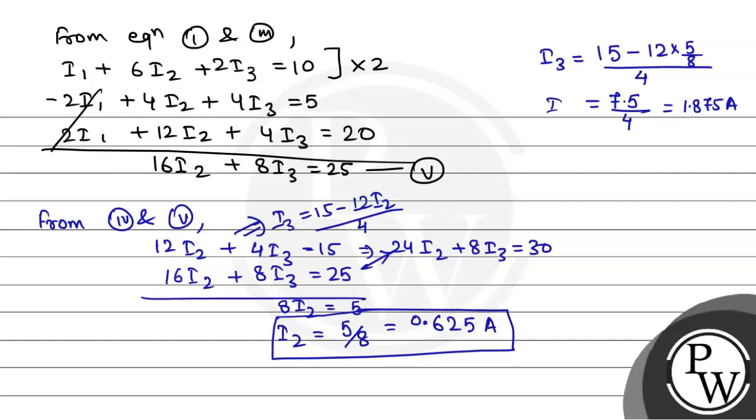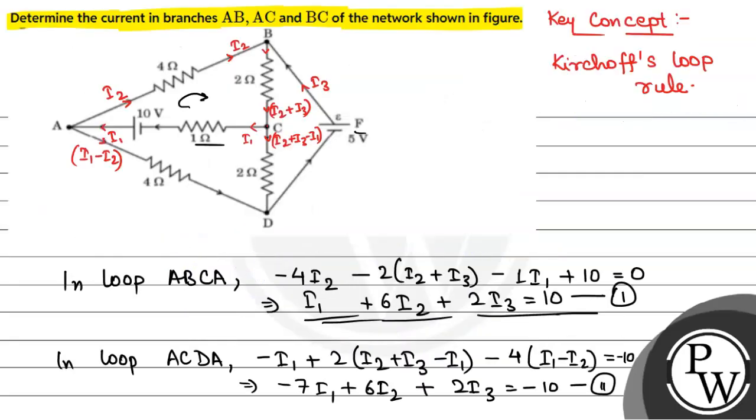So this is I3. ठीक है, अब I2 और I3 हमारे पास आ गया, तो I1 हम इक्वेशन 1 से निकाल सकते हैं.